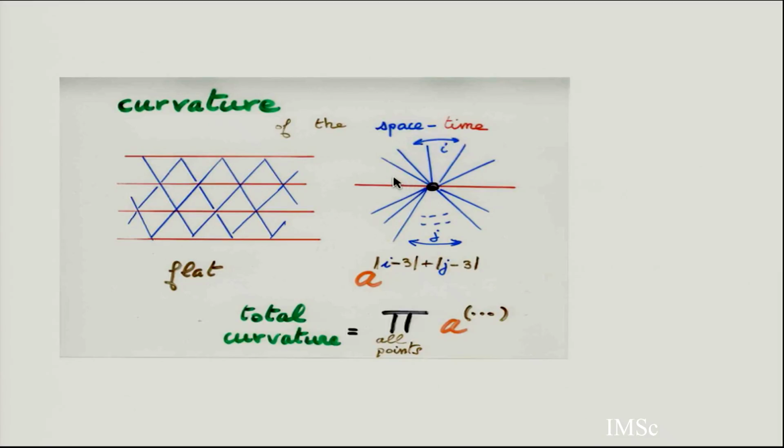So intuitively, space-time has a higher curvature as the number of triangles you have above or below differs from 3. If you have I triangles above and J triangles below, I is always more than or equal to 3. So if you take I minus 3 plus J minus 3, this gives you a parameter A, which measures the curvature at the vertex, which is here. And I will define the upper curvature and the lower curvature.